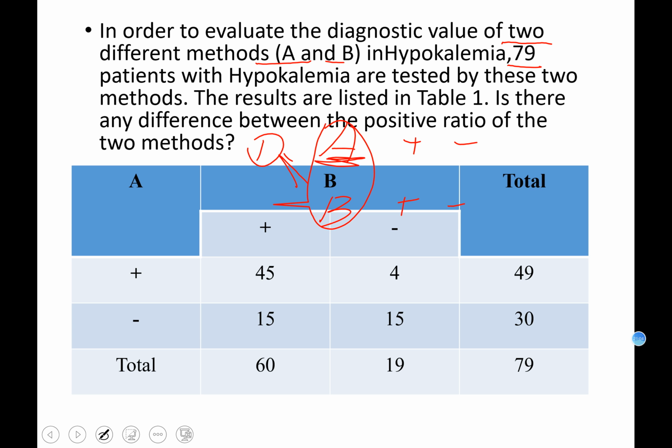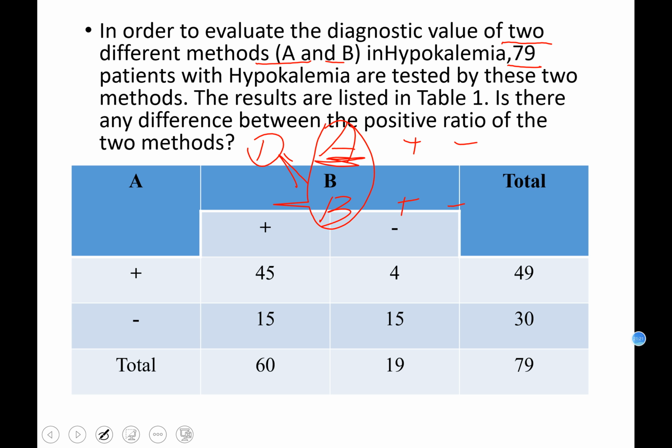And in these 79 patients, we can divide all of them into 4 groups according to the combination of the results from the 2 methods.